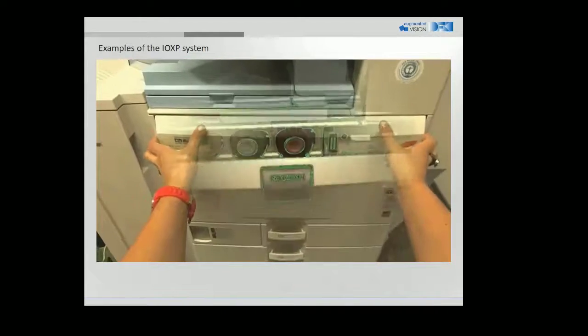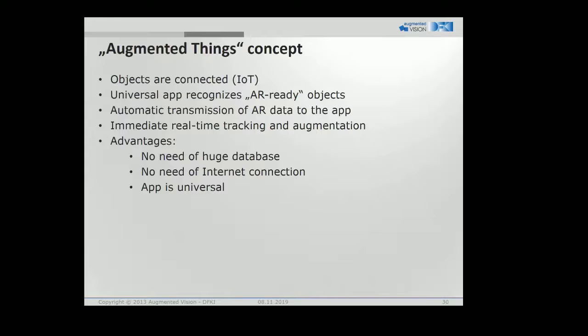Another concept that was researched was the idea of augmented things. Augmented things are objects that are connected with some sort of sensors or chipsets and are recognizable by our device, by our camera or tablet, and the information, the augmentations, are loaded on demand.